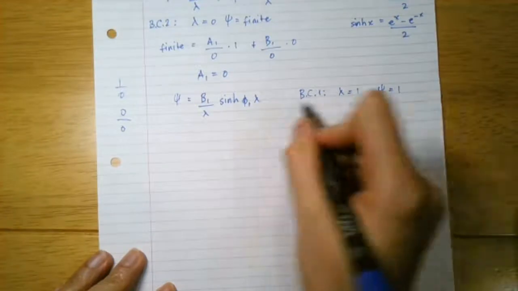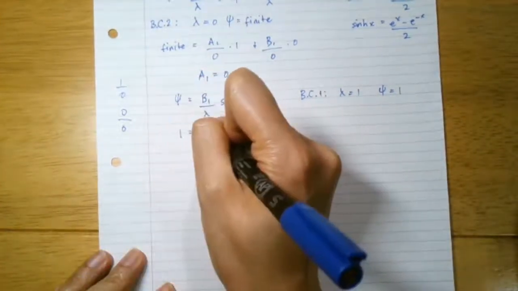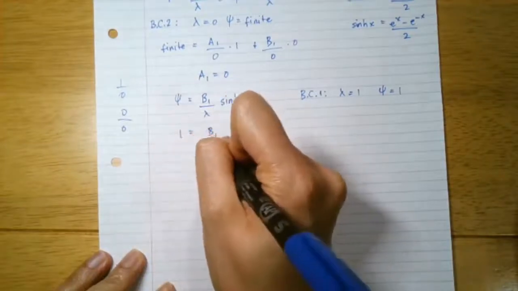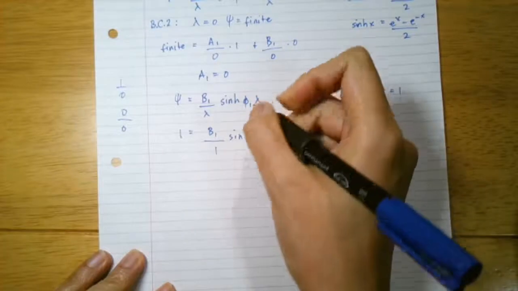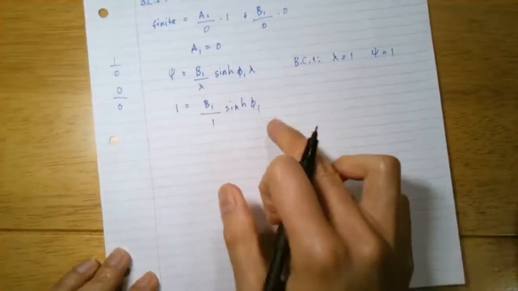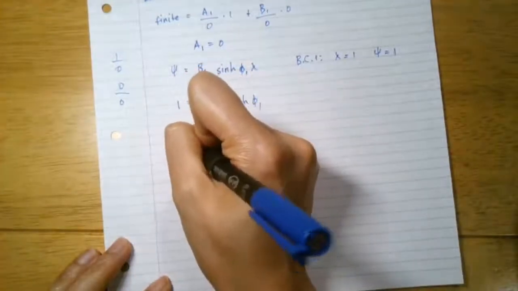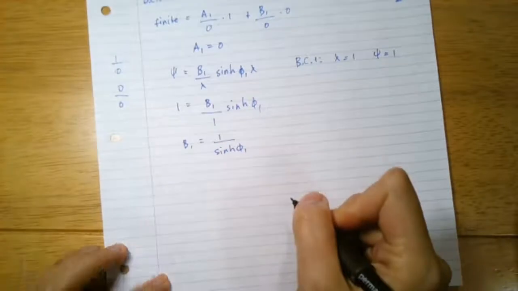So we substitute the boundary condition into this. We have 1 is equal to b1 divided by 1 times sinh phi 1 times 1, so I'll just write sinh of phi 1. Therefore, b1 is equal to 1 over sinh of phi 1.